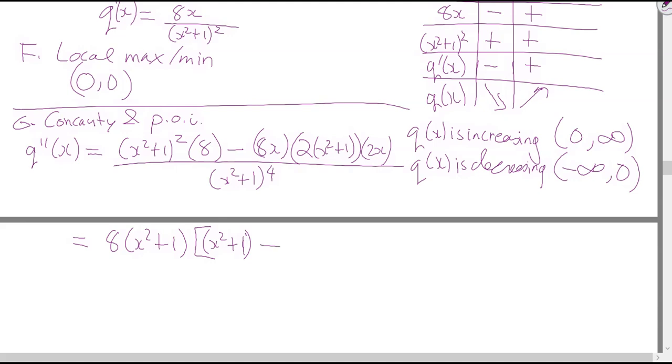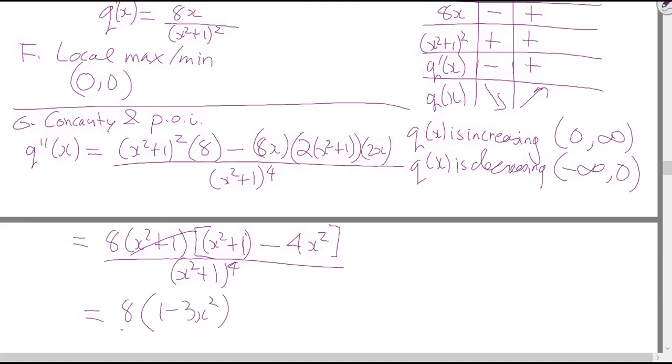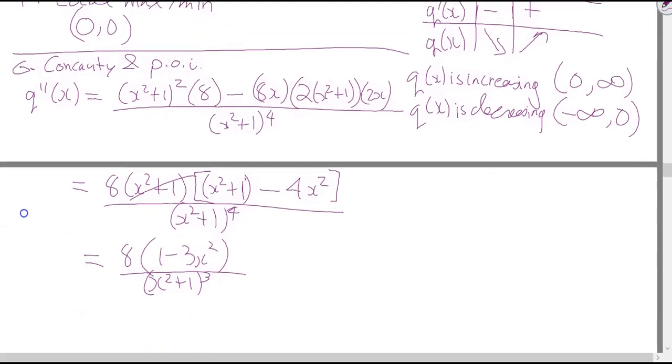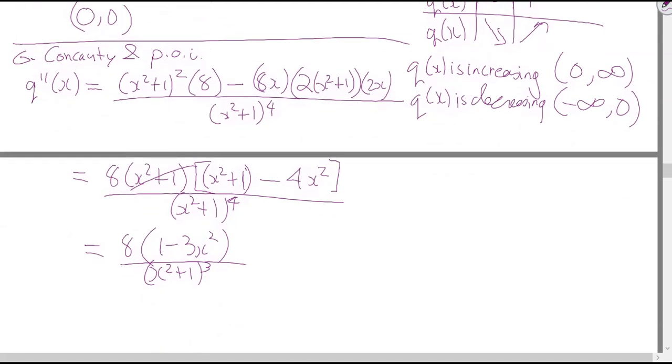We got the 8's taken care of. We're gonna have a 2 4x squared. Negative 3x squared. So 8, 1 minus 3x squared, and x squared plus 1 quantity cubed.